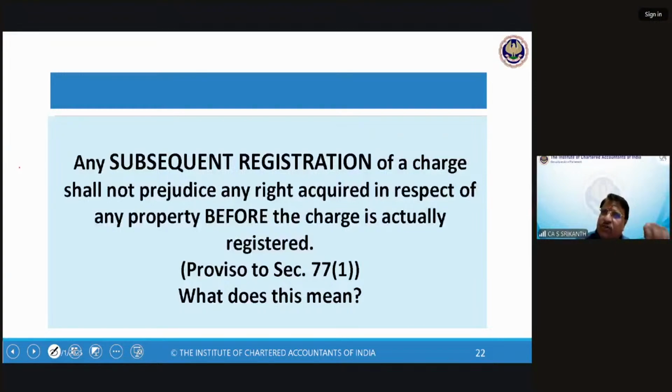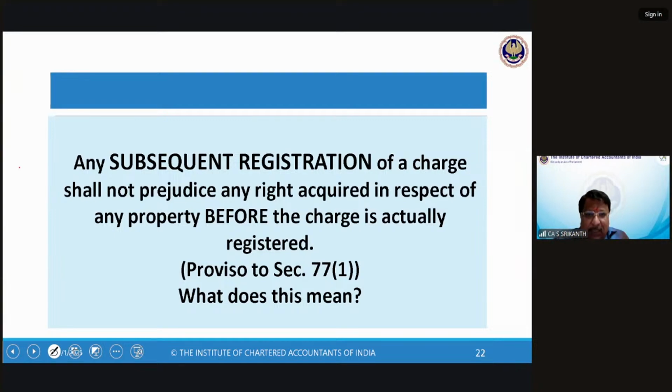You might even find it in the institute material. Therefore, you need to understand this. Subsequent means after. Prejudice means affect. It won't have any bad effect on any right acquired in respect of any property before the charge is actually registered.